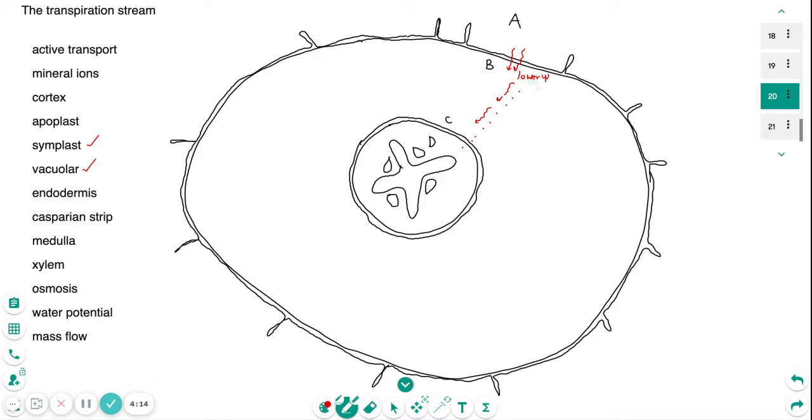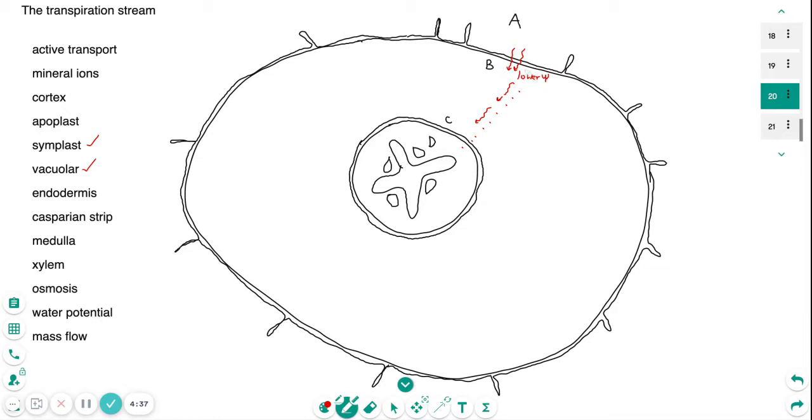Because there's a low water potential here compared to outside the soil, the cells in this region are filling up with water, and that's creating a hydrostatic pressure. So there's a lot of water in this region. As the pressure builds up more and more, it's going to start pushing the water away.